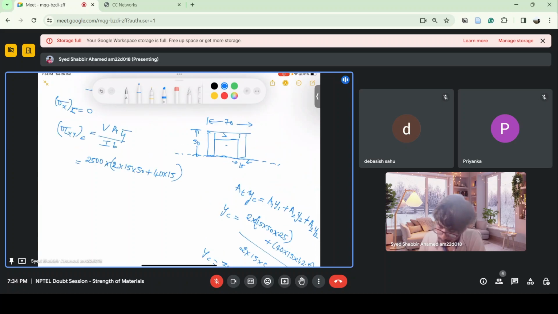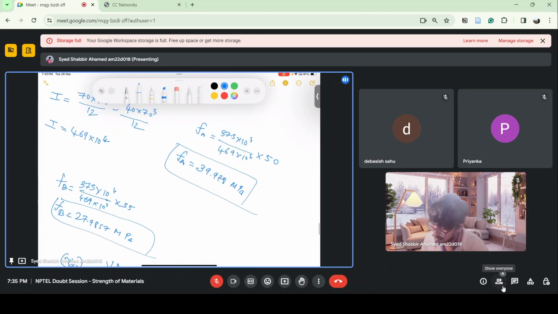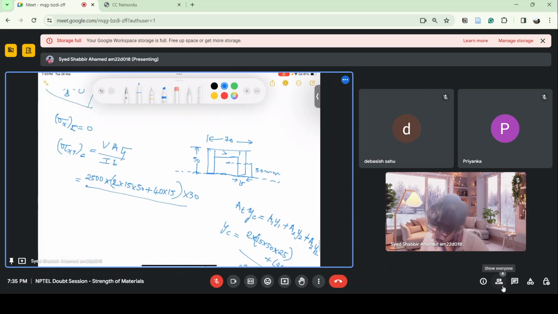So the centroid of this area is at a distance of 30 mm from the neutral axis. This is 30 divided by I we have calculated, I guess, which is 469 into 10 to the power 4 into B. So here B, you can see this and also this, both are coming. So total B is 30.